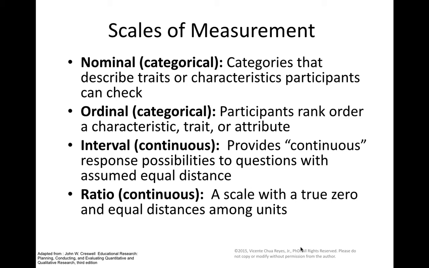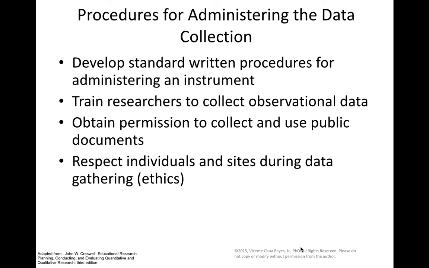Another person scores 50, another person scores 70, 100. The differences in each of these scores you could actually compute, and you can say that each unit, 1, 2, and 3, have equal distances. So these are the different scales of measurement. That is important when we start doing data collection.